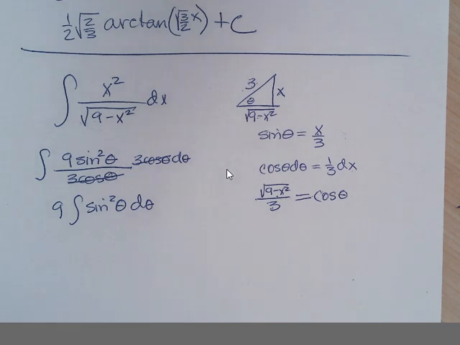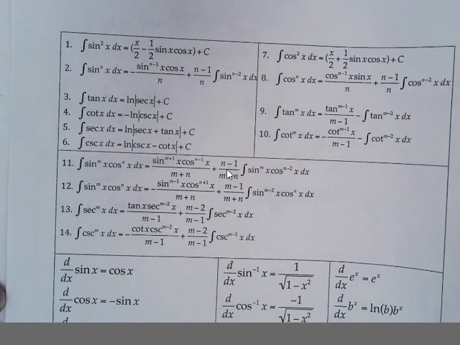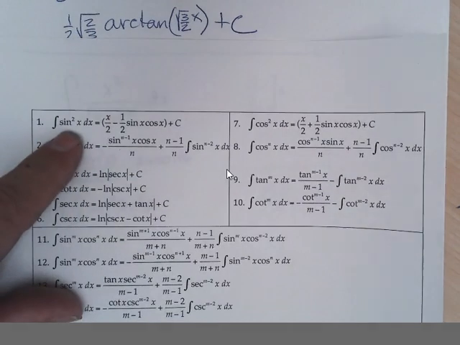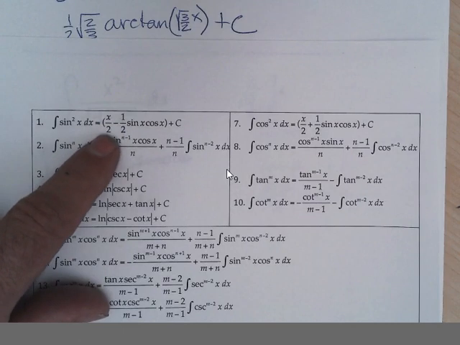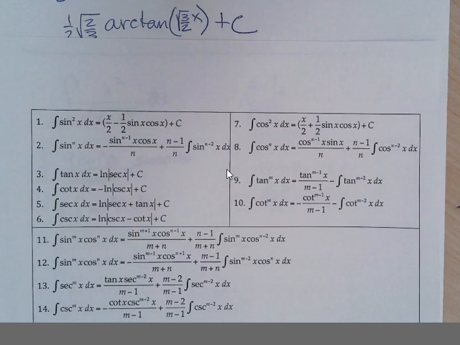But fortunately, I've given you a table that might help us do the antiderivative of sine squared. In fact, right there, the antiderivative of sine squared of some angle is the angle divided by 2 minus 1/2 sine of the angle, cosine of the angle, plus c.